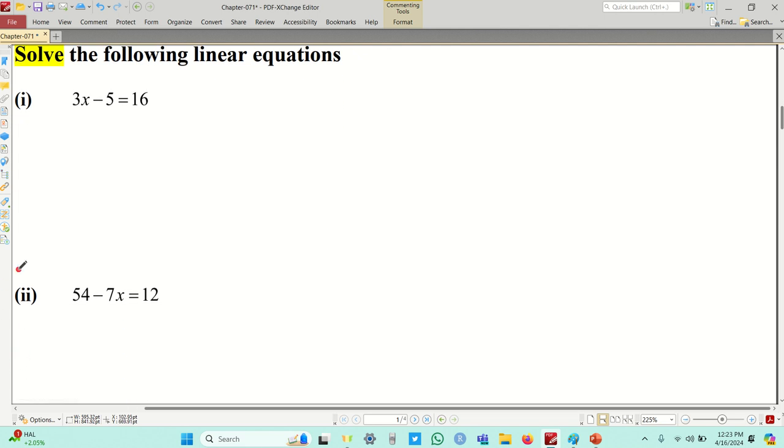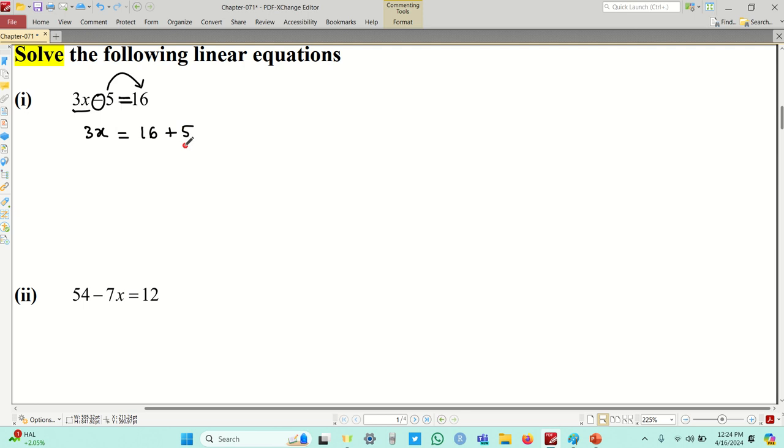What is the first thing he is saying? The first thing he is saying is to keep the variable term on one side, like 3x, and the other term on the other side. So you need to shift 5 to the right side. Whenever we shift any number to the other side of the equal sign, a negative number changes into positive.